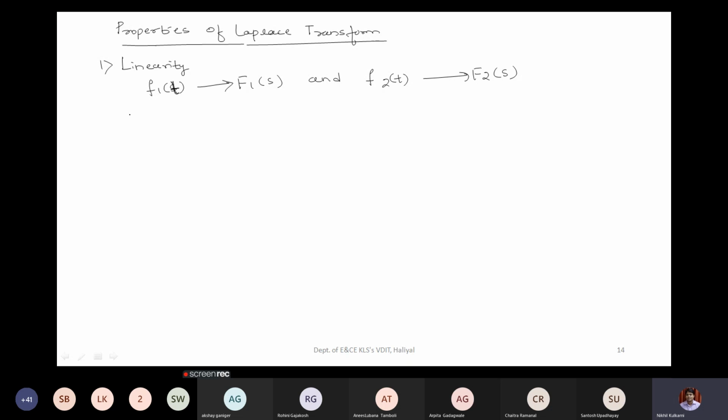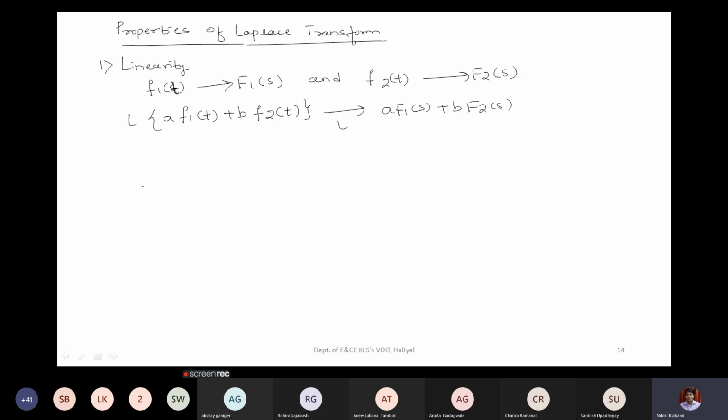the Laplace transform of some constant multiplied by f1 of t, plus another constant multiplied with second function f2 of t should give us a times F1 of s plus b times F2 of s.